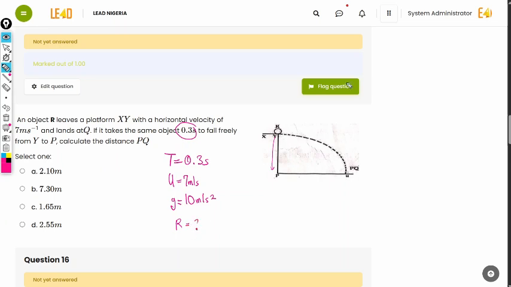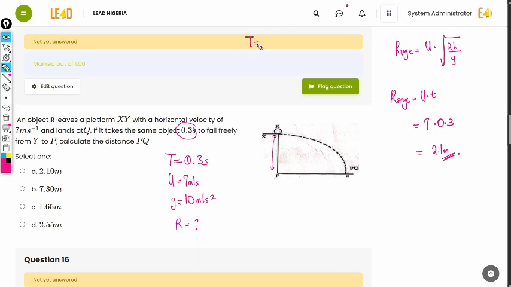The formula for range is u times square root of 2h over g, right? But this square root of 2h over g here is the time of flight. So your range is just u times t, which would be 7 times 0.3, which is going to be 2.1 meters.